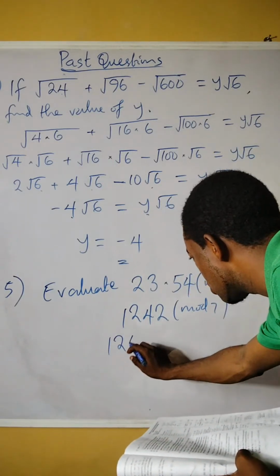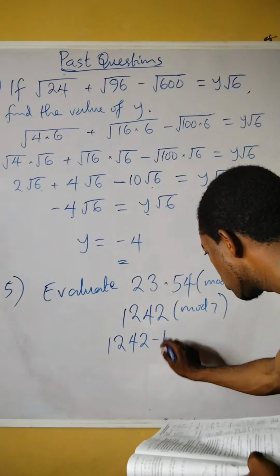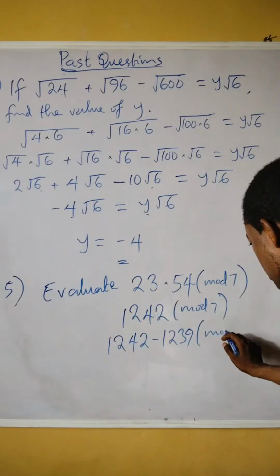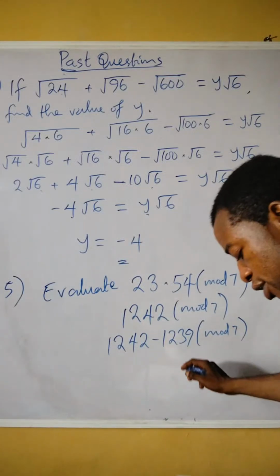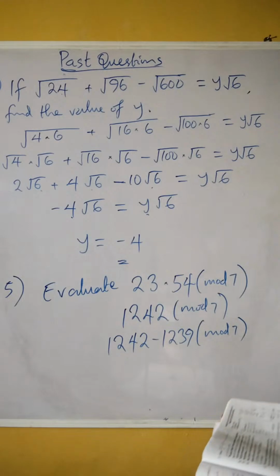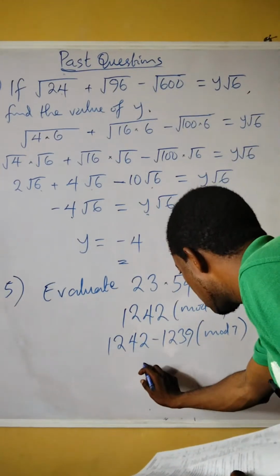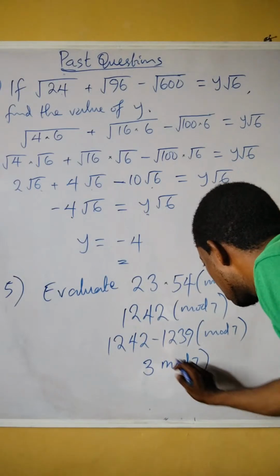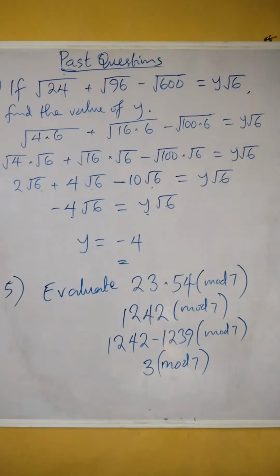So we have 1242 minus 1239 in mod 7, and this becomes 3. So that's 3 to mod 7. So that is the modular question.